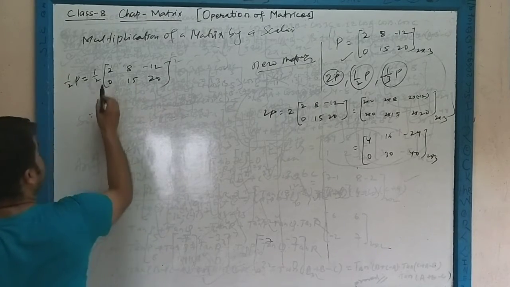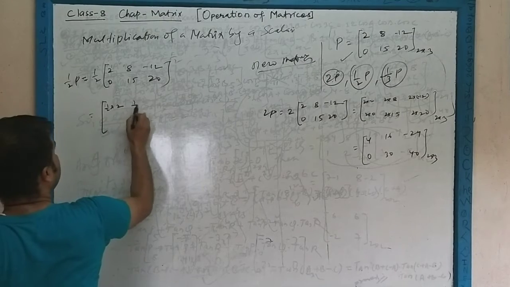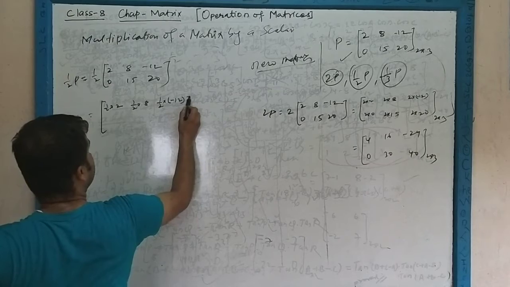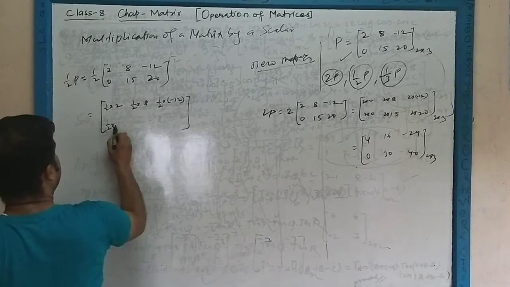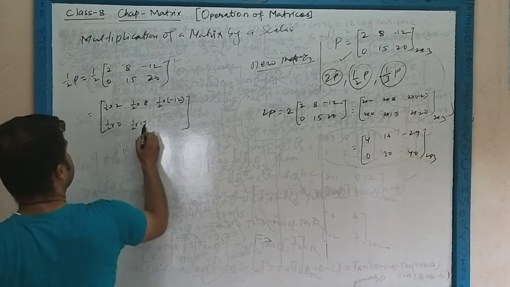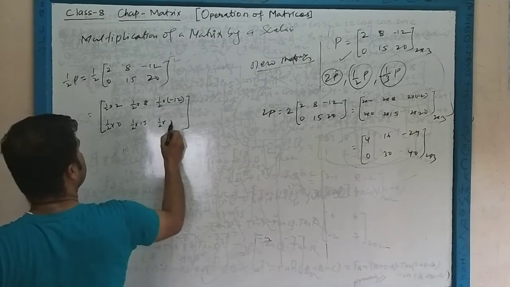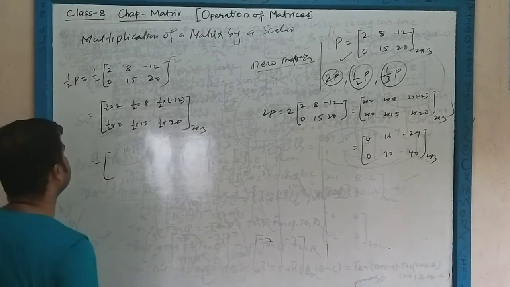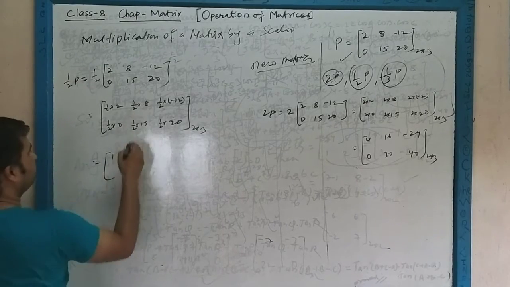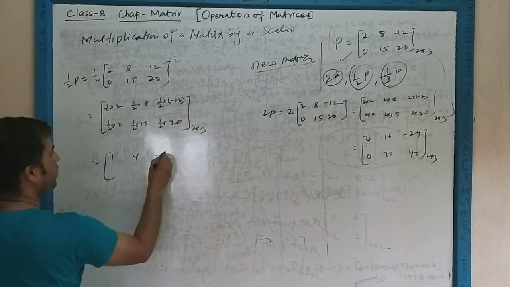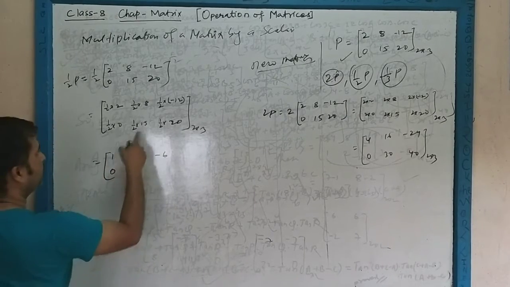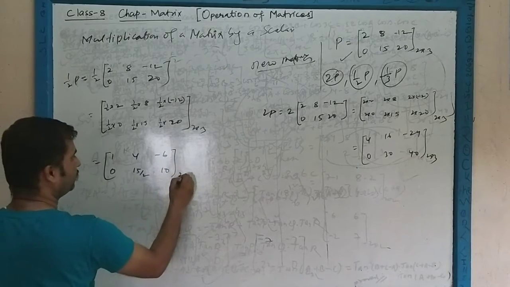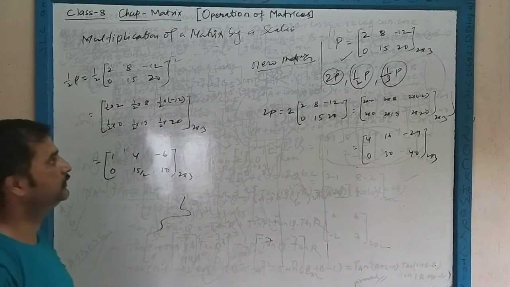So multiply each element by half: half times 2, half times 8, half times minus 12, half times 0, half times 15 and half times 20. 2 rows, 3 columns. This is the final answer. So this is 1, this is 4, this is minus 6, this becomes 0, this is 15 by 2, this is 10. So this is your answer.